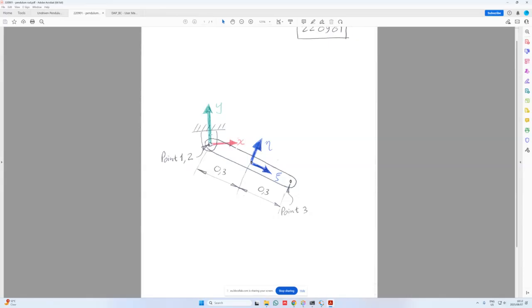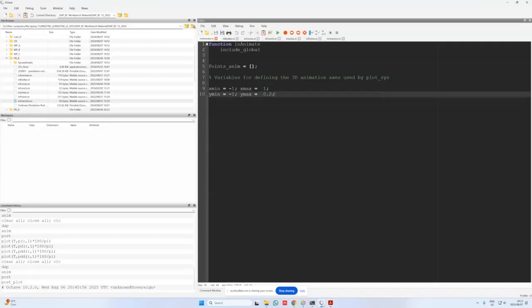And then in the Y direction, I don't expect the pendulum rod to swing upward because it's only affected by gravity. It will essentially keep oscillating below the x-axis. So I can perhaps use 0.2 as a maximum y value, and then let's say minus 1 for the lower bound on the y values of the graph that I want to plot.